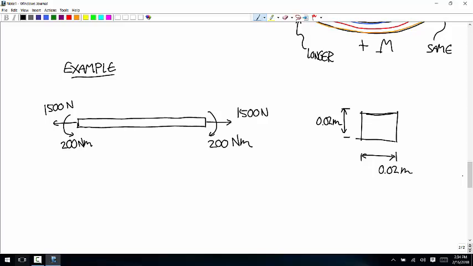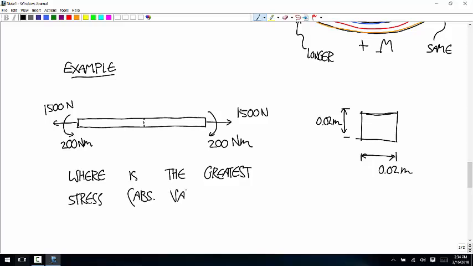Okay, and we want to calculate, let's do it right at the middle. And let's say, where is the greatest stress? And we'll just do an absolute value along the dotted line.